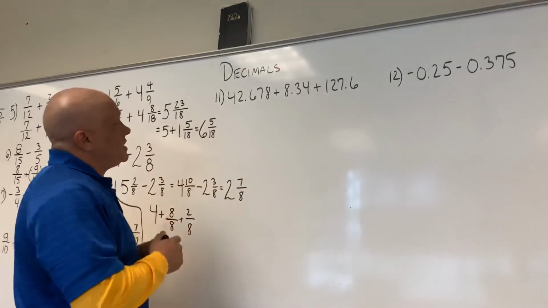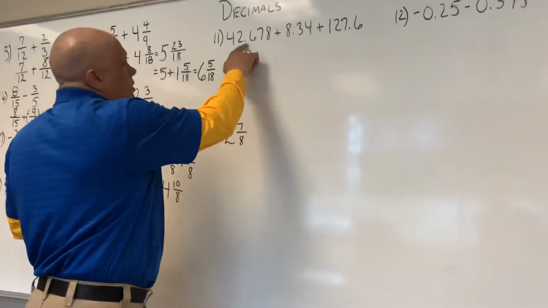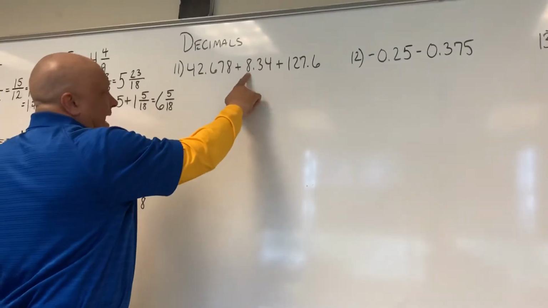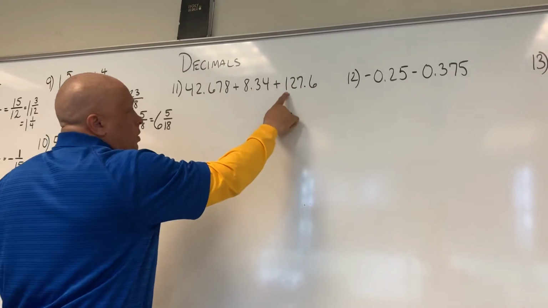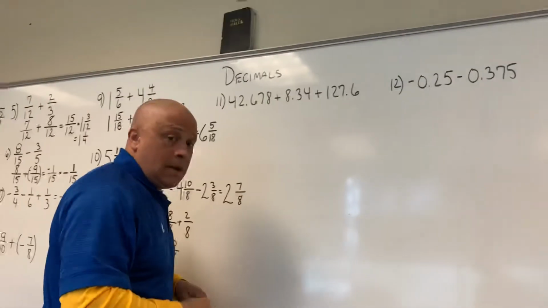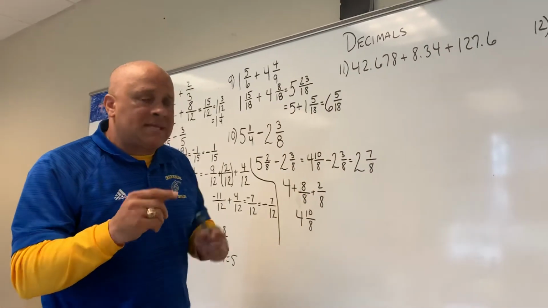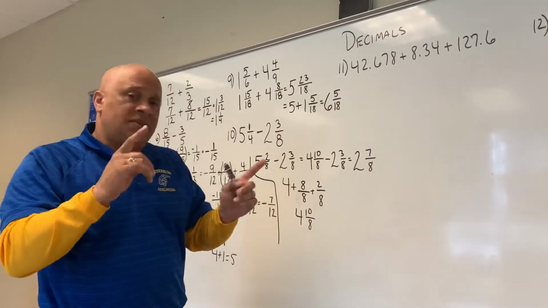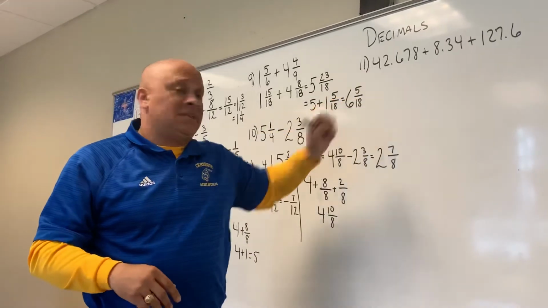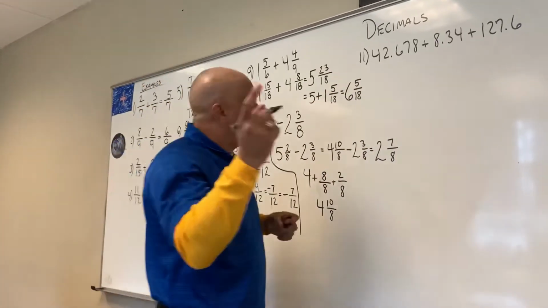Let's take a look at the first example. We have 42.678 plus 8.34 plus 127.6. My suggestion is when you go to write your numbers, you put your decimal in place and then put your digits for the place values around that matches that first number. Here's what I mean.